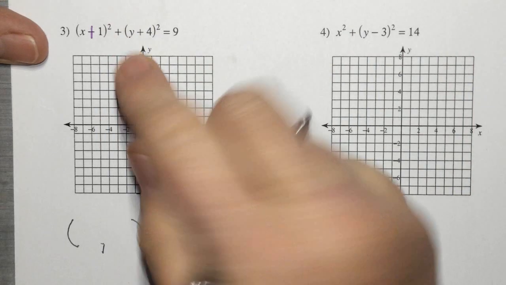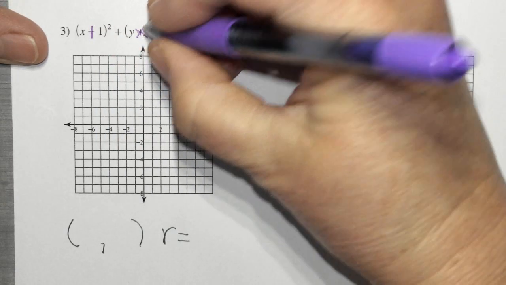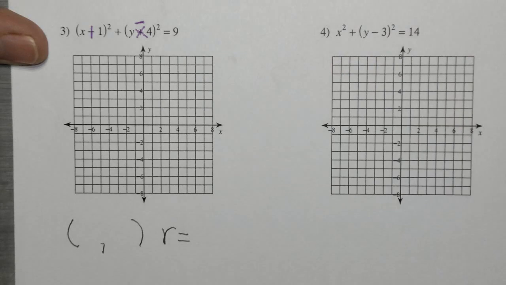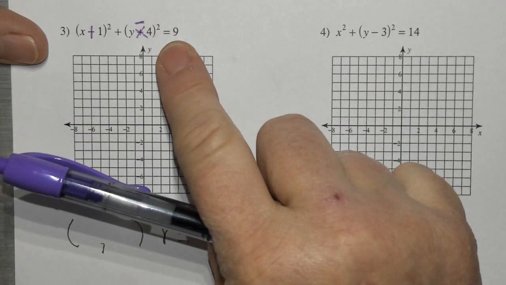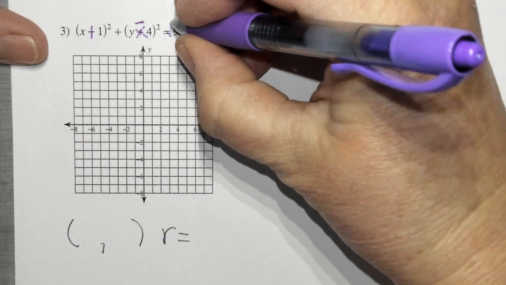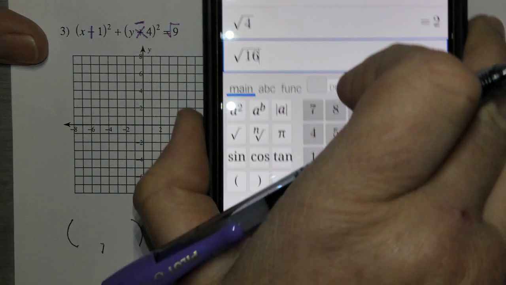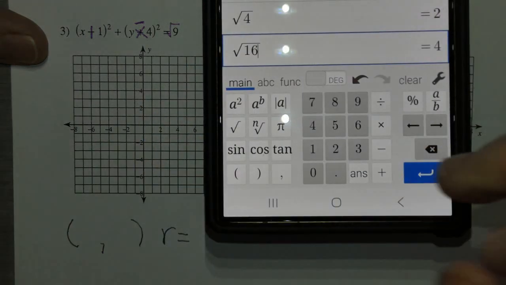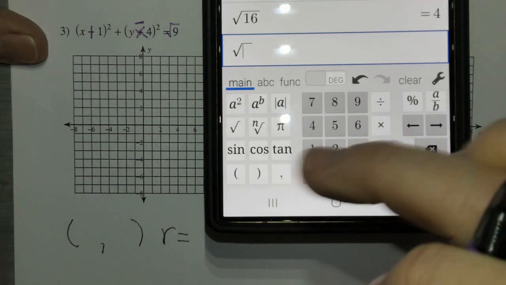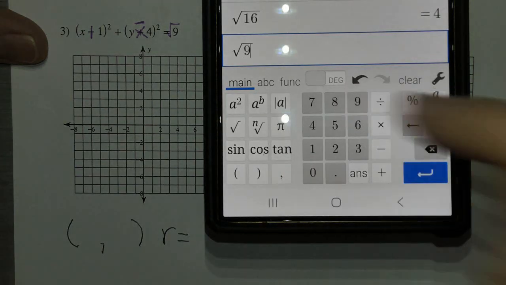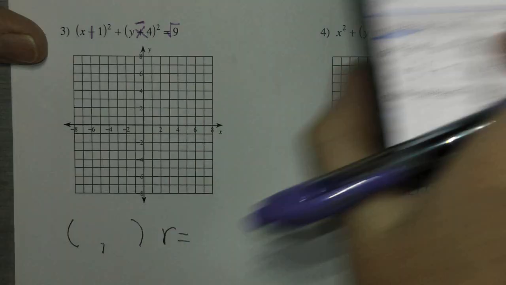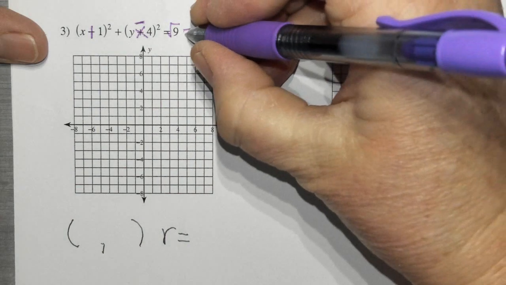And then +4, let's just go ahead and get rid of it and make it a -4. Okay, 9. Then get the square root of 9. Square root of 9 is 3. So that's going to equal 3.